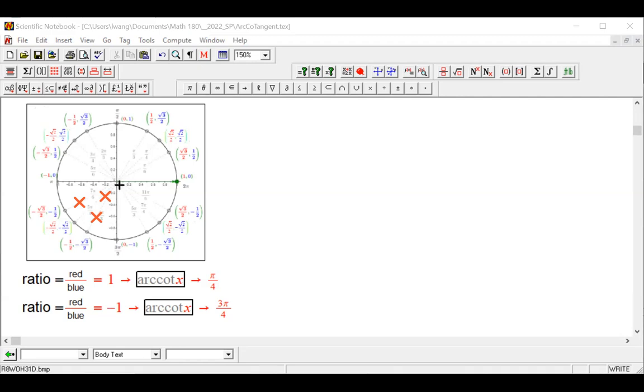If I start this way, this will give me the red to blue ratio of -1. So I get 3π/4, okay? But if I go clockwise, I get a red over a blue of negative √2/2. I got another -1. So this way I will get at least 2 answers.